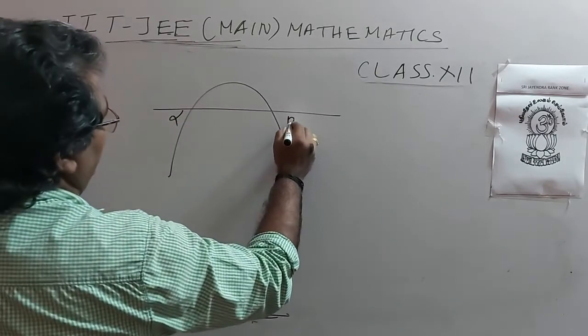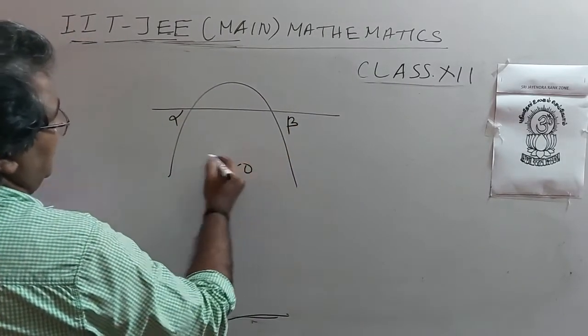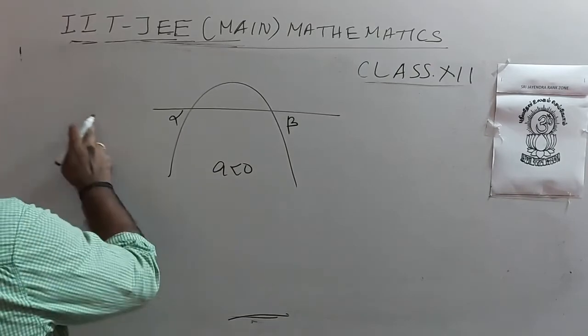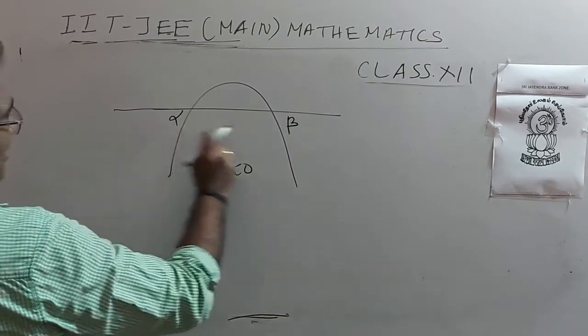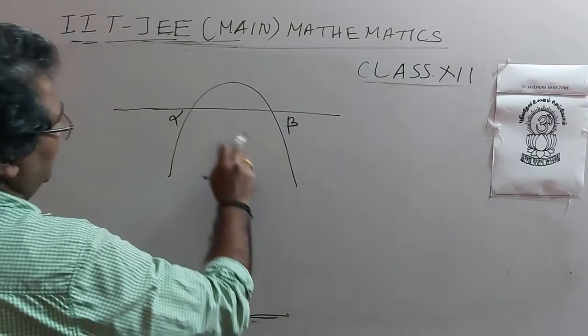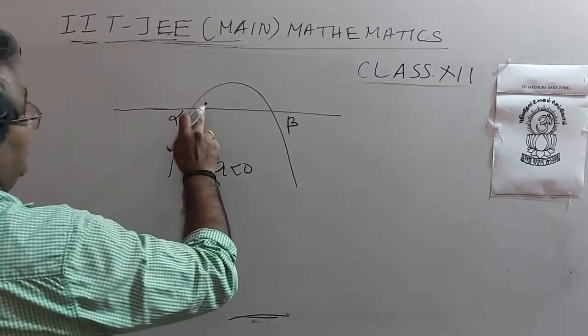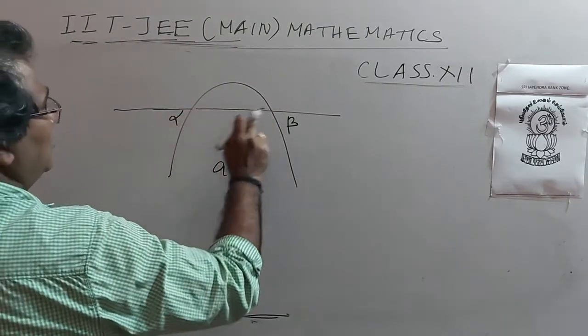Here alpha, here beta. A is less than 0. In minus infinity comma alpha and beta comma infinity, the curve will be negative. The f of x is positive when x belongs to alpha to beta.